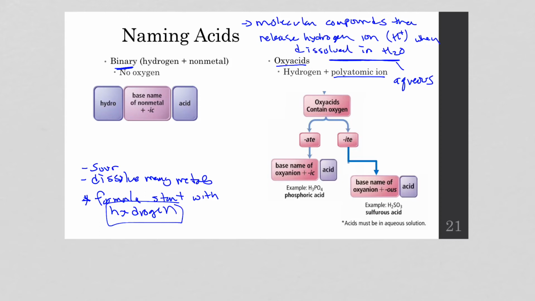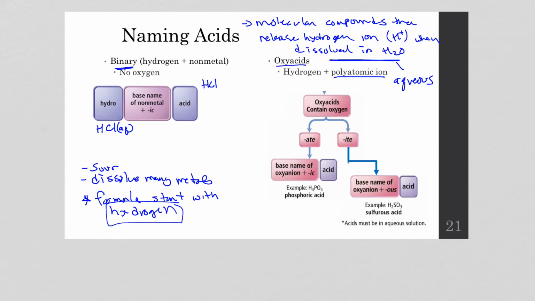Now, let's go through a couple examples of these just to illustrate it, and then we'll do some more practice. So let's take a classic binary acid, HCl. Now, I'm going to try to get in the habit, as you should, when I write the formula of an acid, I put (aq) behind it, right? And that helps you identify the fact that, oh, it's an acid, because, of course, HCl is a molecular compound that could just simply be named as a molecular compound, right?